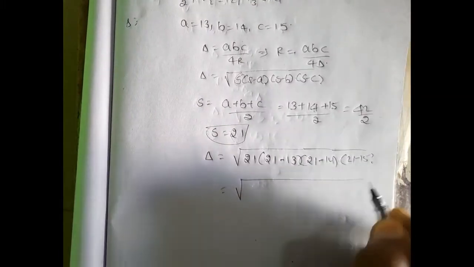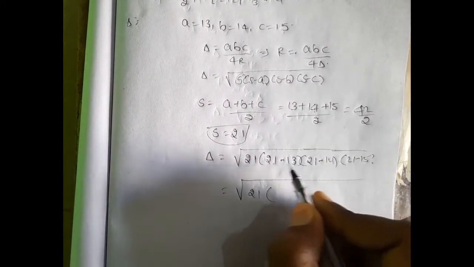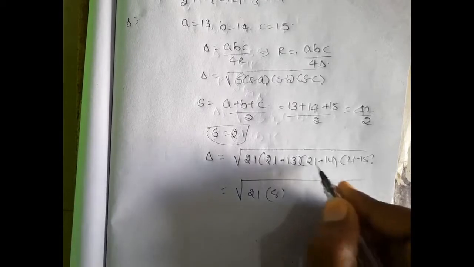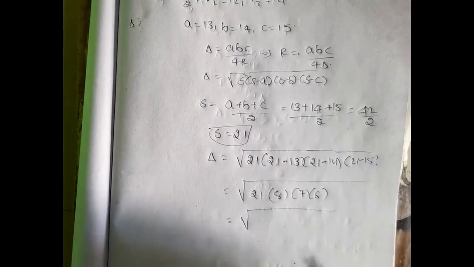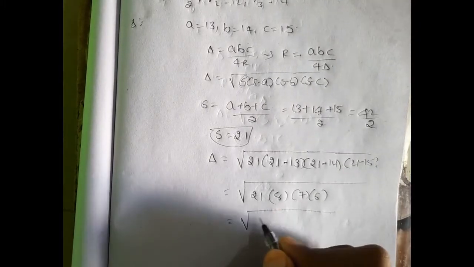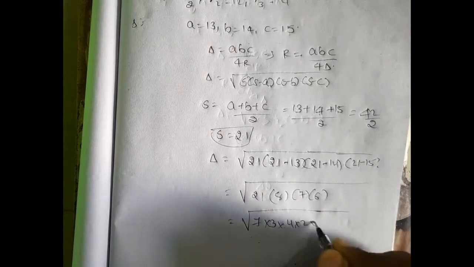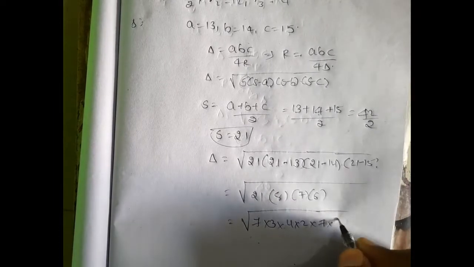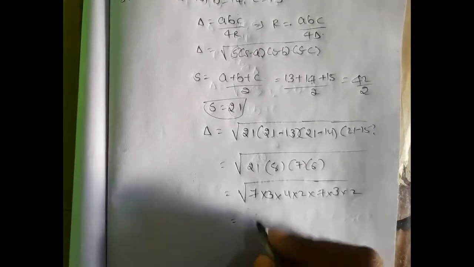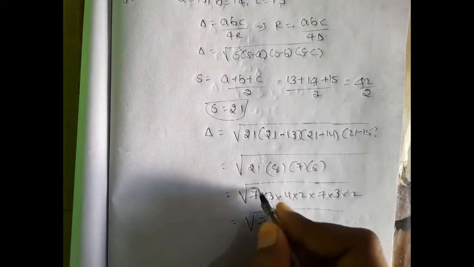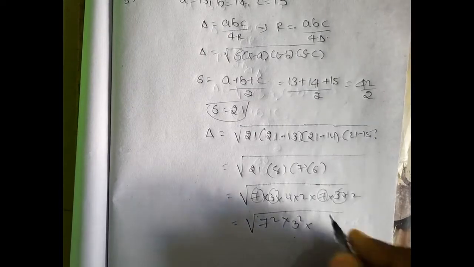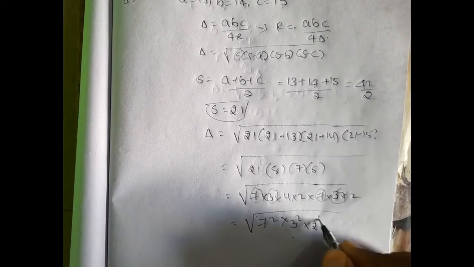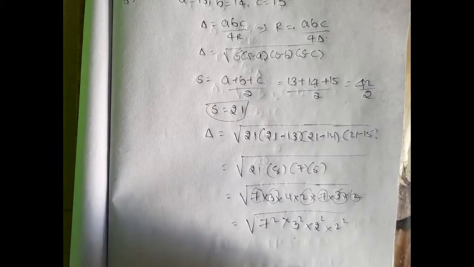Now 21 into, here 21 minus 13 is 8, here 7 and 6. To make this simple, let's write 21 as 7 into 3, 8 as 4 into 2 into 7 and 6 as 3 into 2. So we can write it as 7 square, 3 square, 2 square and 2 square.